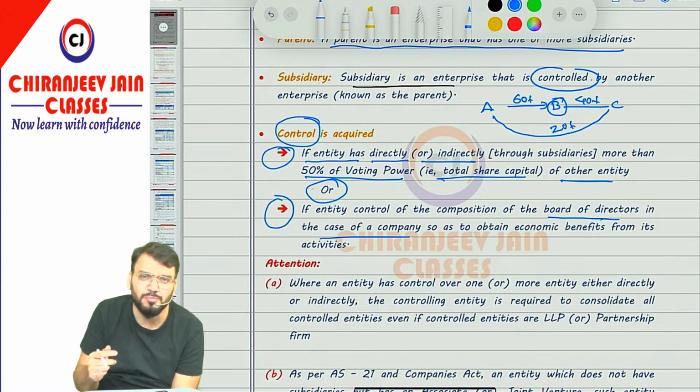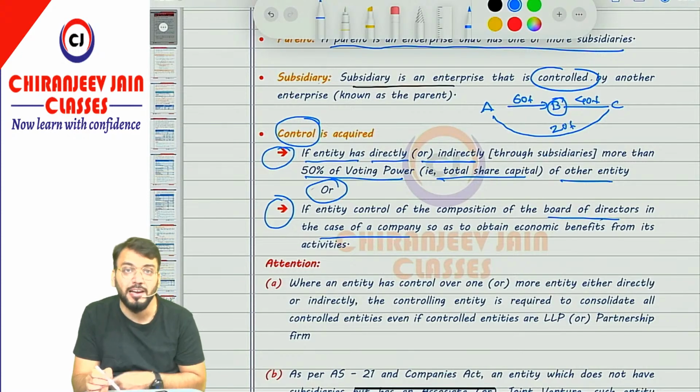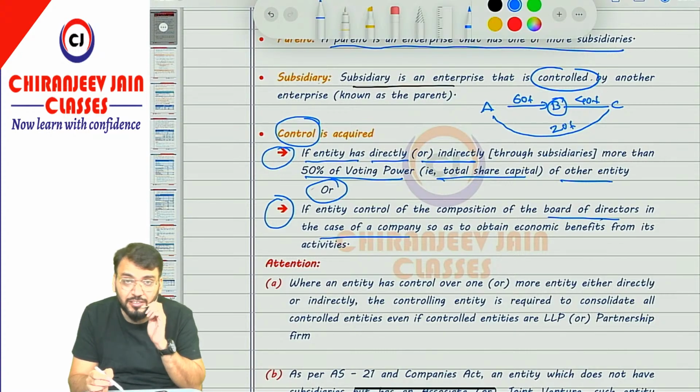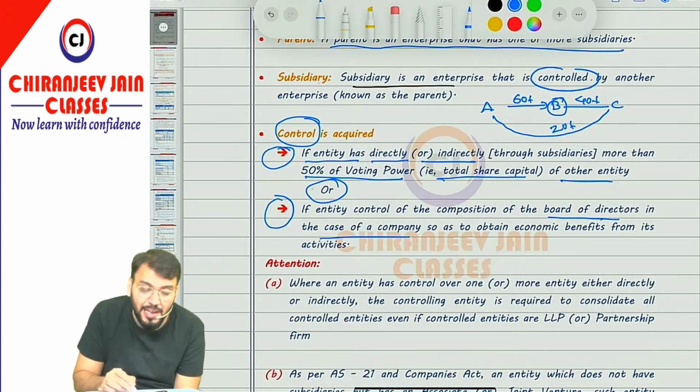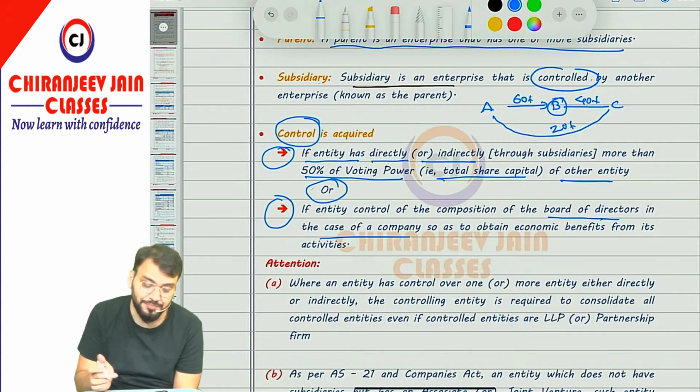Power to govern means the power to appoint and terminate the directors on the board of directors. If they have that power, they have a right to control the composition of the board of directors. It means they can decide how many directors will be there, which director needs to be appointed, which director needs to be retired. If they have that power, it means that entity has control over the other entity.